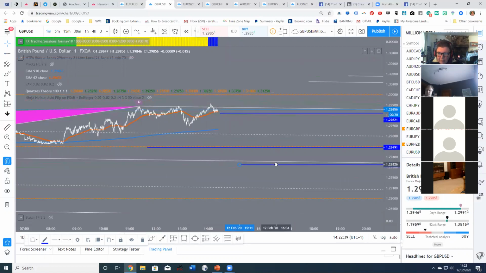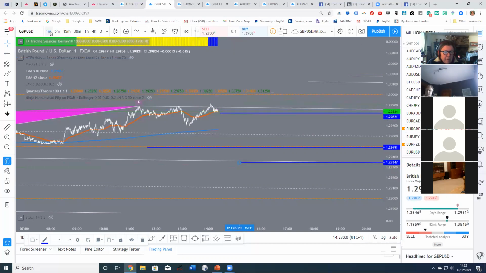So again, for me, I'd be moving it up to there, and I'll see if price stalls out at 1.29350. So you can see how accurate the scanner is.